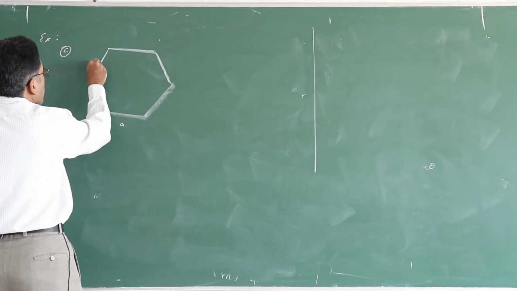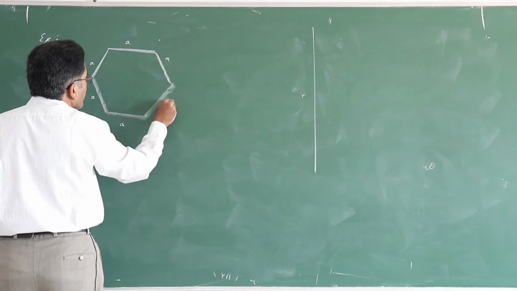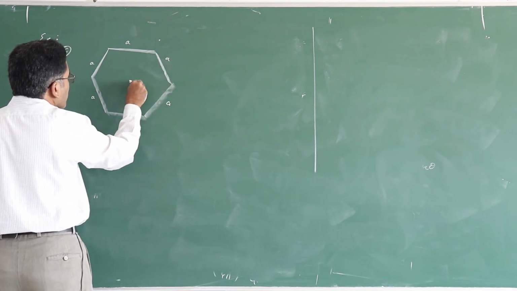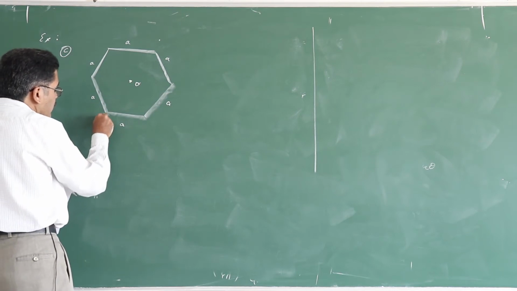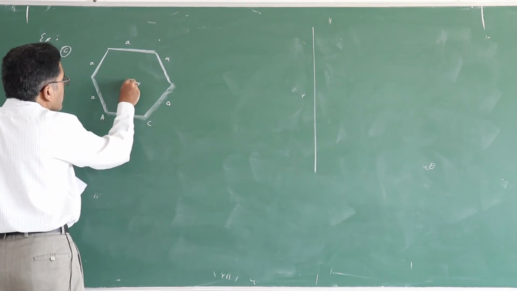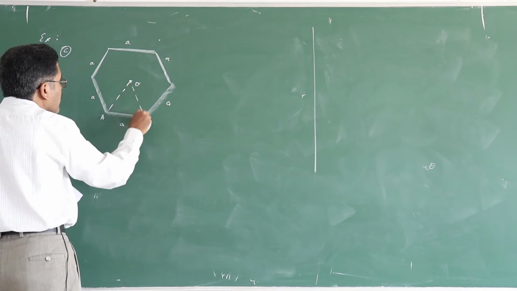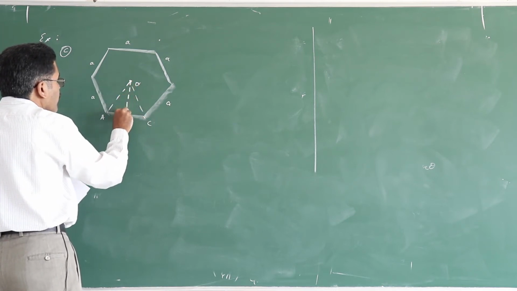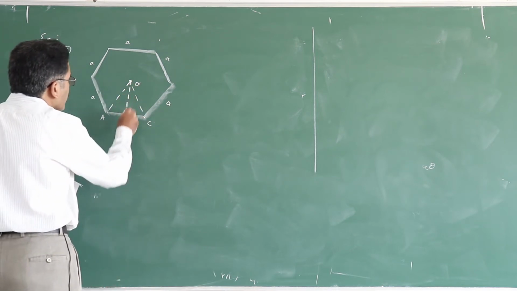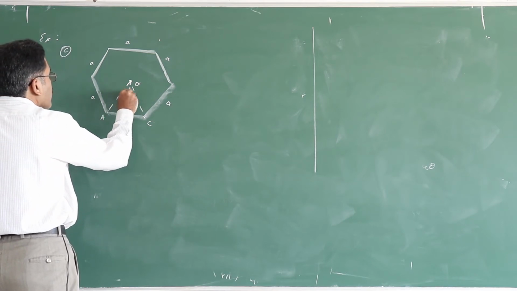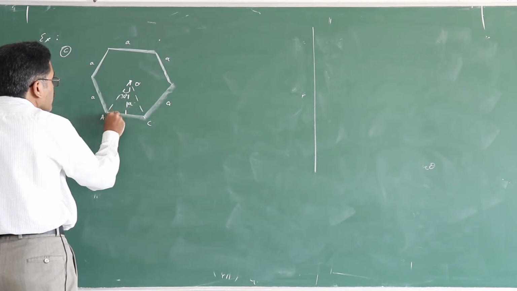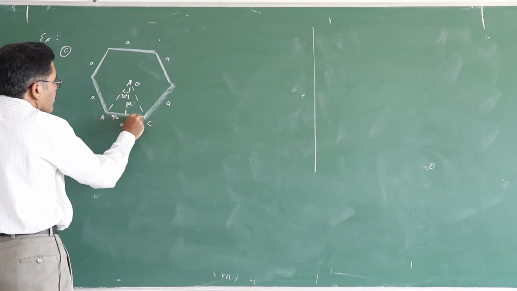Each side is A. You want to find the magnetic field at the center. See, here I just take this as AC. See, this is also equal to A. And what is the angle here? 30 degrees. This is A by 2, A by 2.